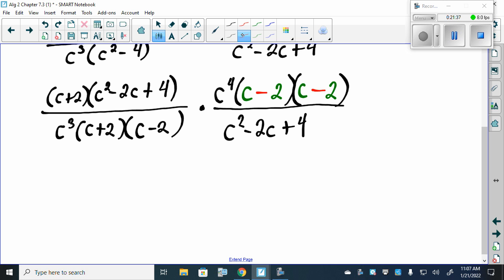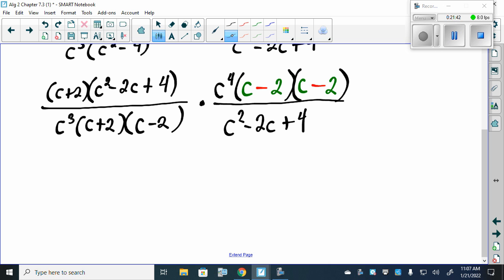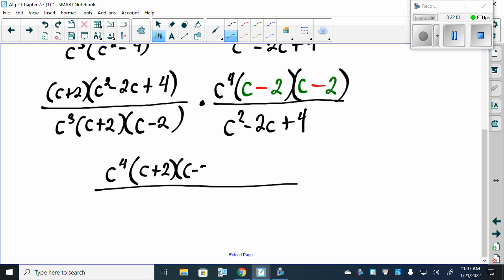All right, so we can go on and multiply them together. If we multiply these together, on top, I move the c to the 4th up front, because anytime we have these single terms being multiplied with these multi-termed ones, I move the single ones up front. Then we'll have c plus 2, c minus 2, c minus 2, c squared minus 2c plus 4.